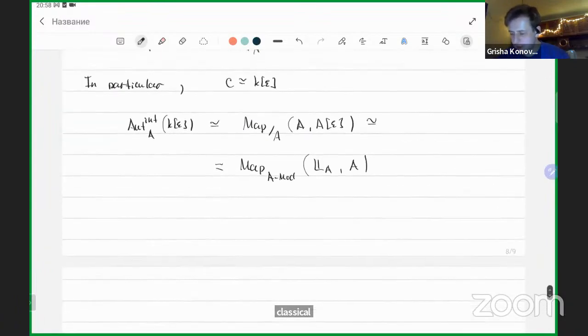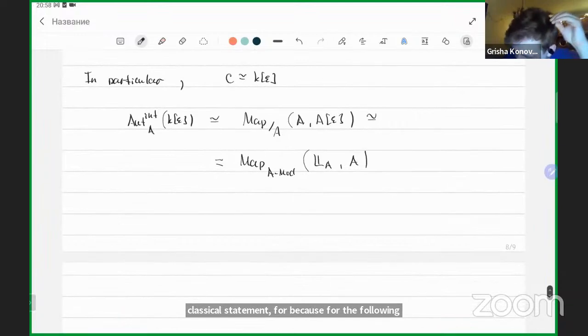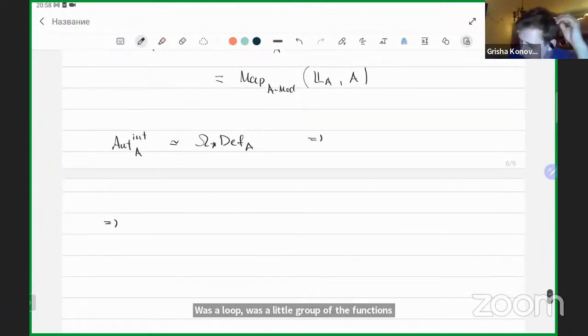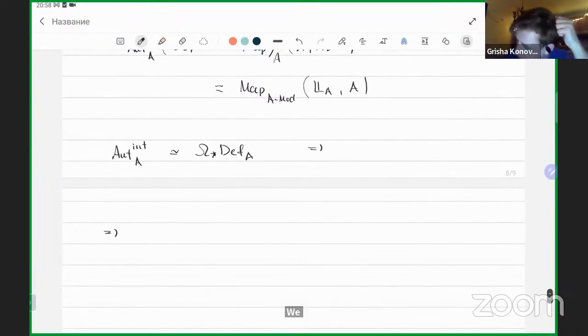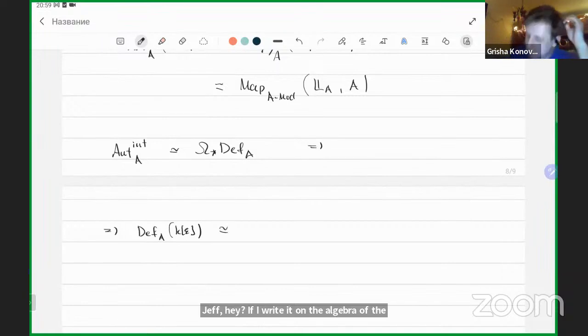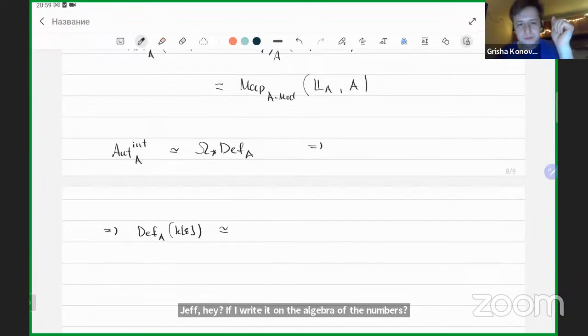Because Aut inf A was a loop group of the functor of deformations, we observe from the computation that Def A evaluated on the algebra of dual numbers gives us, what does it give us?